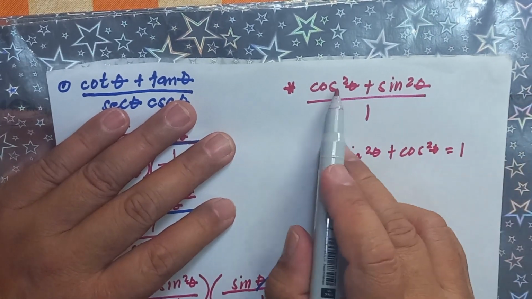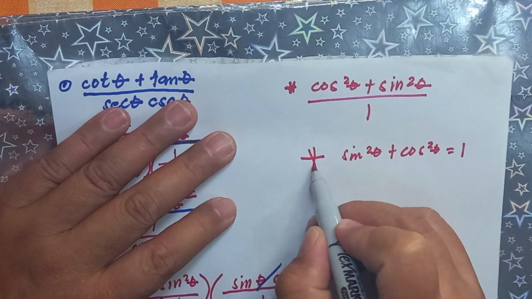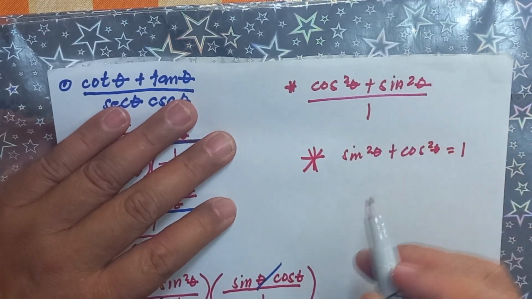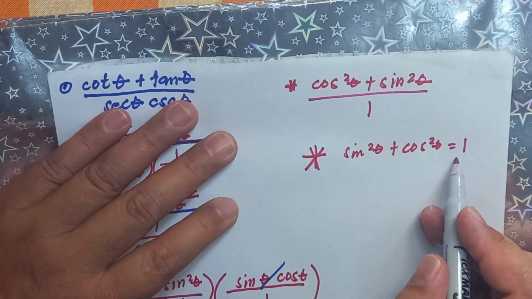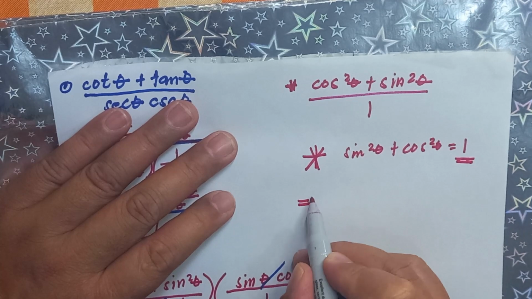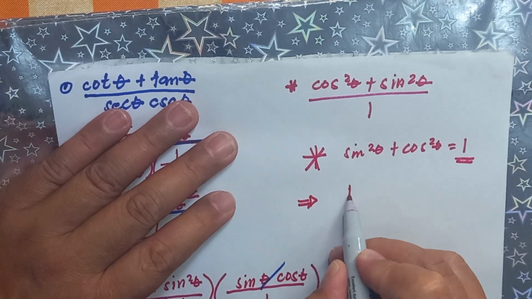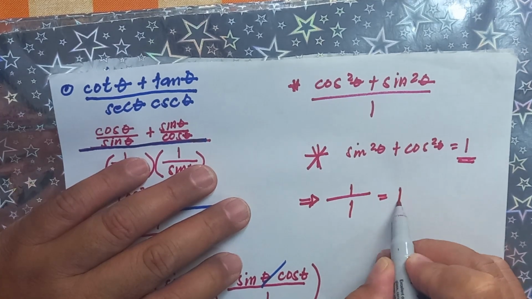Okay? So, meaning to say, by substitution, we can substitute our numerator, and so our numerator is the same as 1. So, what is left now? What is left now as the final result is 1 over 1, which is the same as 1.